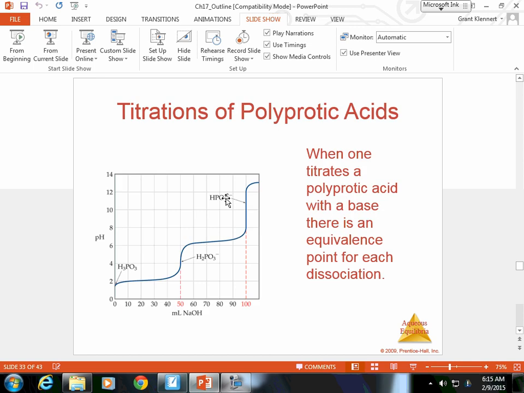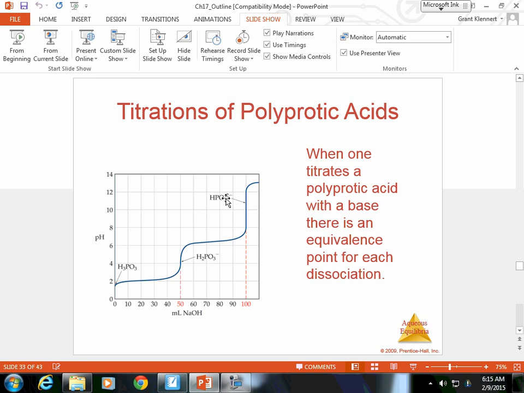Last thing that's important to note: when you are dealing with a polyprotic acid, you're going to have an equivalence point for each dissociation. So if you have an acid like phosphoric acid, like we have here in the example, H3PO4, you're going to have an equivalence point for each time an H is dissociated.